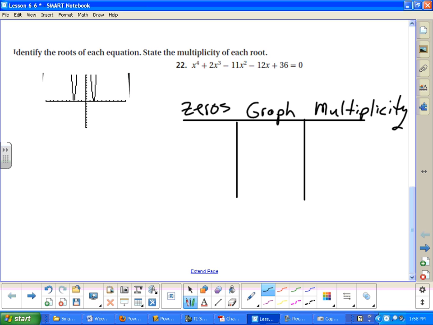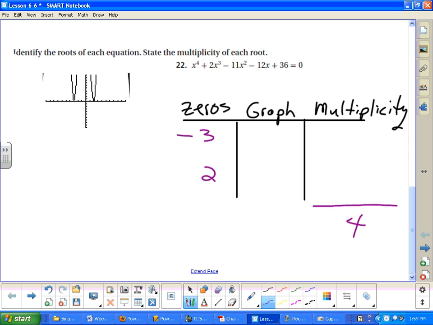We know that because this is a 4th degree polynomial, the multiplicity has to add up to 4. Okay? So we have 2 zeros. Where are the zeros at? Negative 3 and 2. So I have a 0 at negative 3 and a 0 at positive 2.